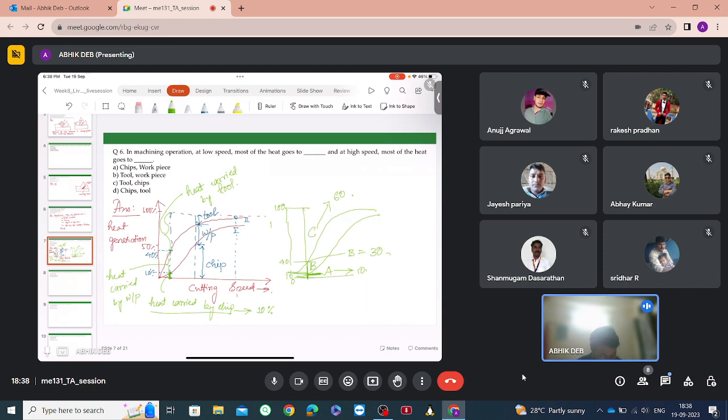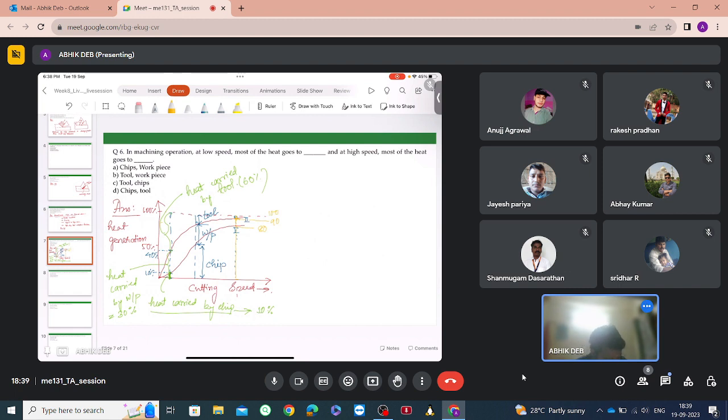What is the heat carried by the workpiece? 30%. Yes. And what is the heat carried by the tool? 60%. Okay. Now, at higher cutting speeds, suppose in this region, this is say 80, this is 90, and this is 100.